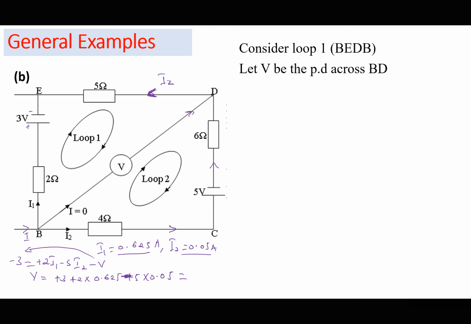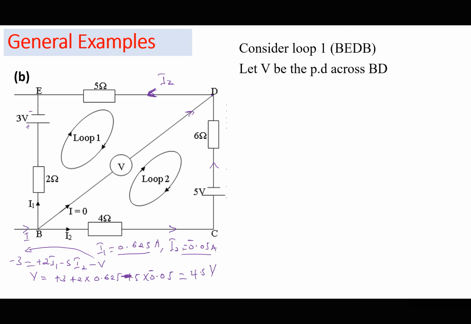minus, I think I got the current as negative 0.5, so this is minus 5 times negative 0.5, which gives us 4.5 volts.